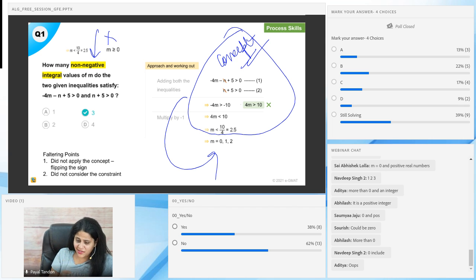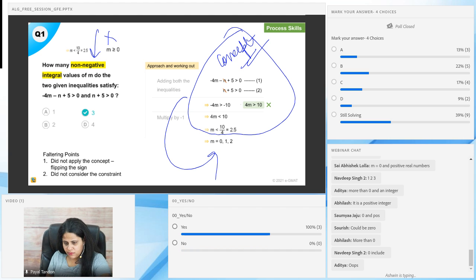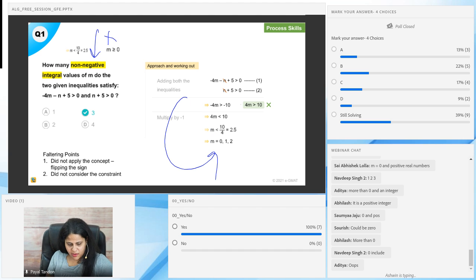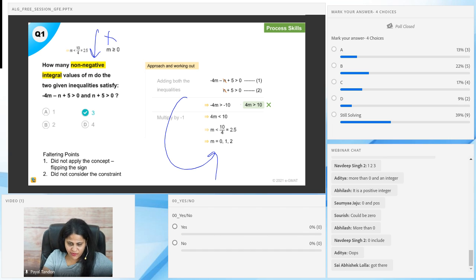But once you get the answer that m is less than 2.5, how many of you got to that point? Or how many of you did not get to the point that m is less than 2.5?